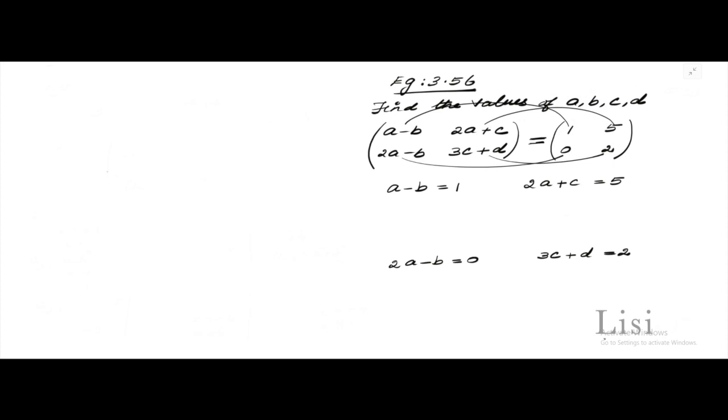And now we are going to solve each one. Okay. So here, which can be solved first? a minus b equal to 1, 2 variables, here also 2 variables, here also 2 variables, here also 2 variables.